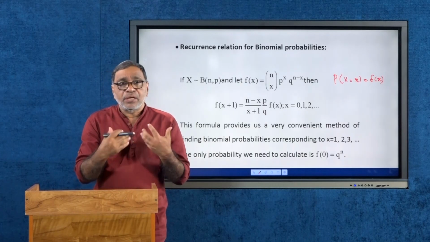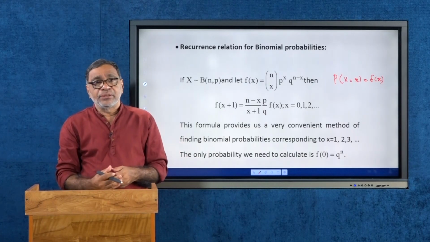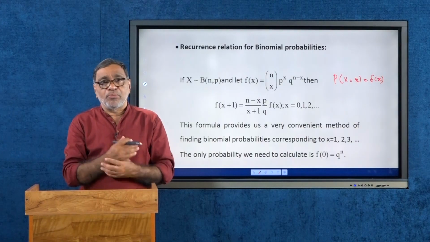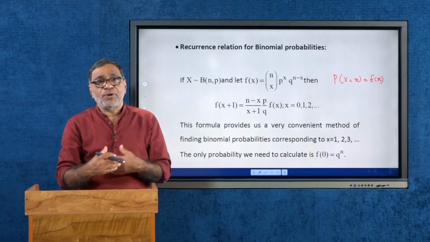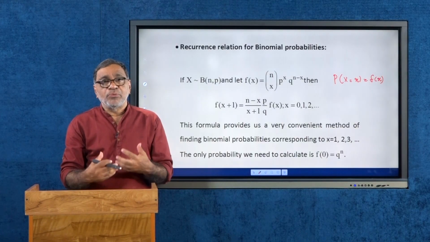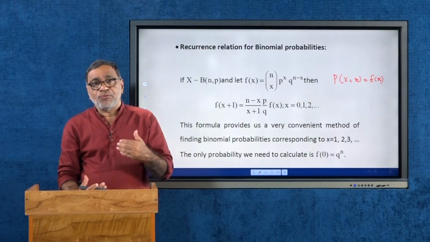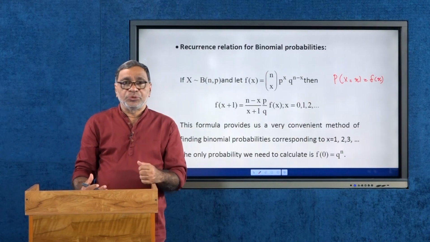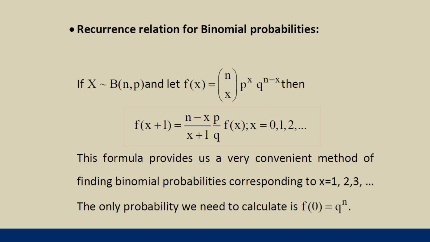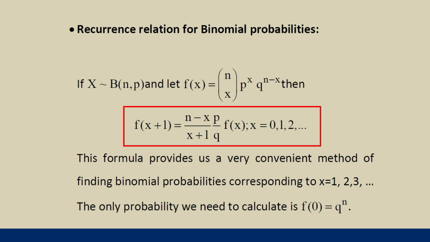Now, we are deriving a recurrence relation between the binomial probabilities. How do you find the binomial probability values if one of the probability values is known to you? This is the formula: f of x plus 1 is equal to (n minus x) divided by (x plus 1) into p by q into f of x, where x is equal to 0, 1, 2, 3, etc.